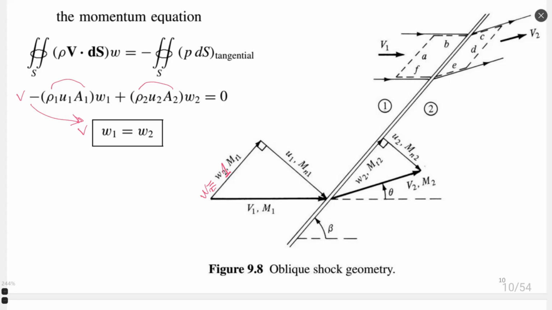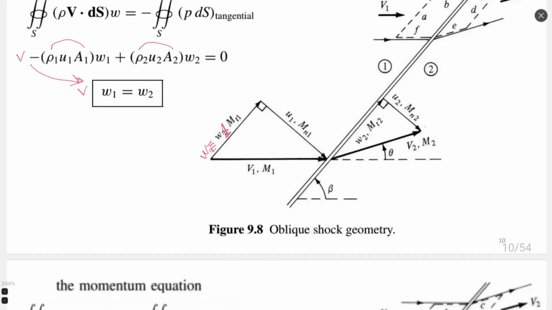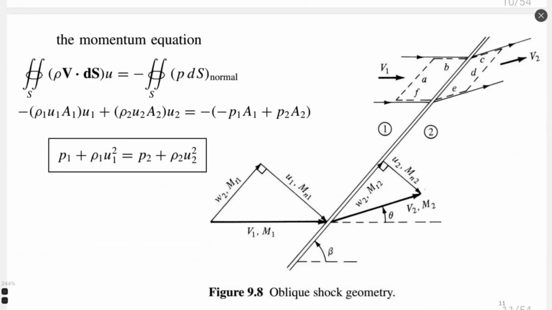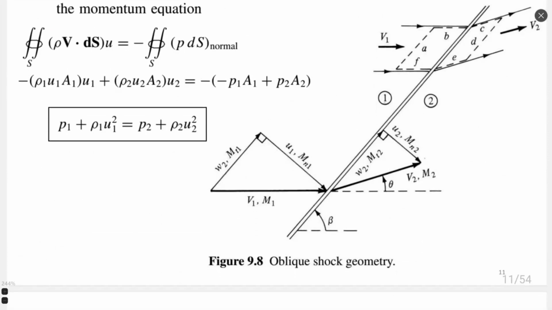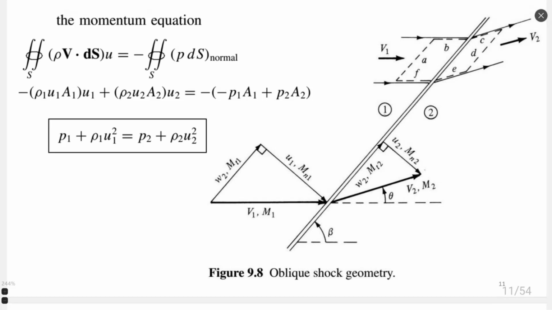So as a consequence, applying the momentum equation to our system, we see that the tangential component of the velocity remains the same after the oblique shock wave. What happens with the normal component of the velocity? This equation is shown here.